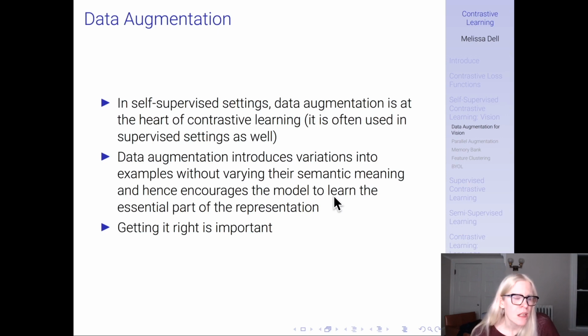Data augmentation introduces variations into your examples without varying their semantic meaning, and hence encourages the model to learn the essential parts of the instance for the representation. Getting the data augmentation right is important. If your model isn't behaving as you expected, and you're doing some data augmentation, that might be a first thing to check, that you're doing it correctly.